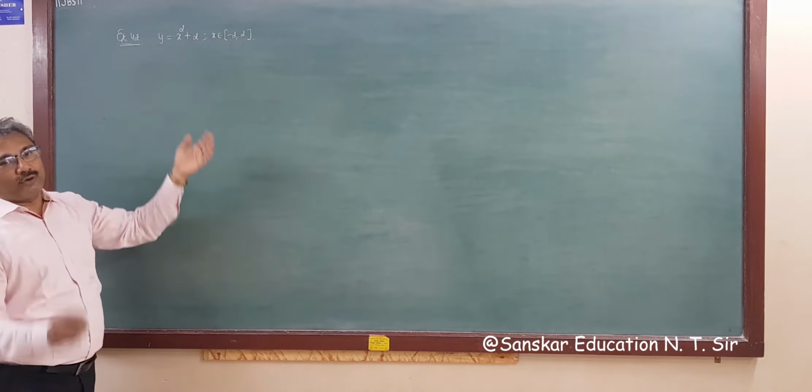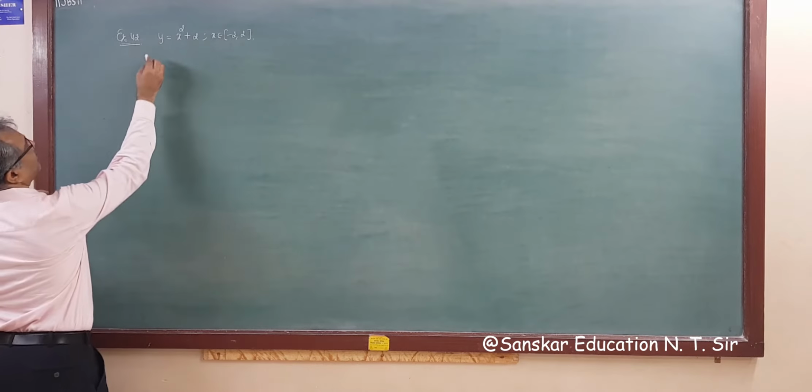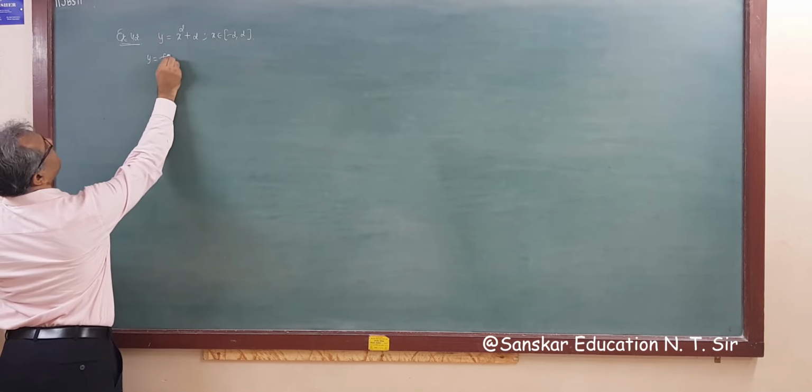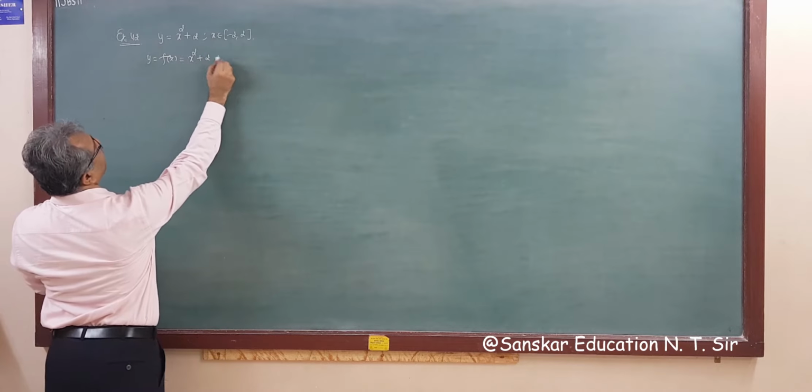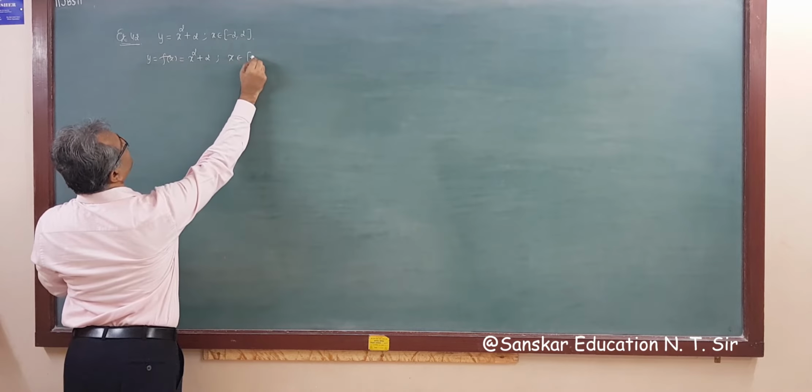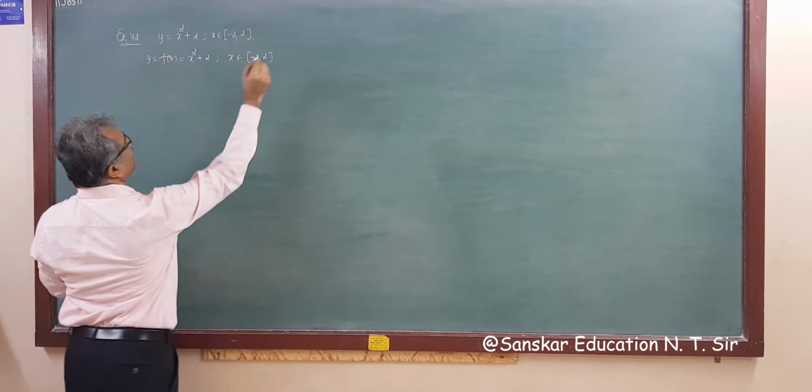So y is equal to f x, which here is given as x square plus 2, where x belongs to the closed interval minus 2 comma 2.